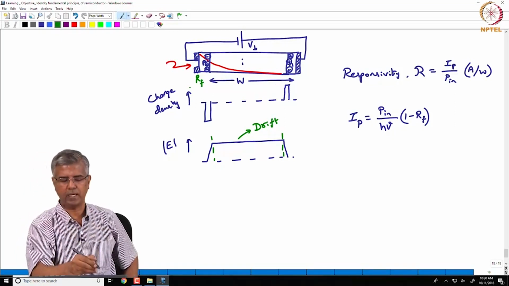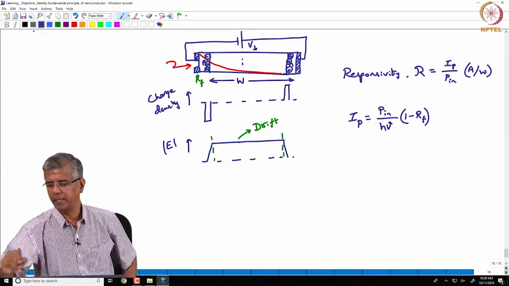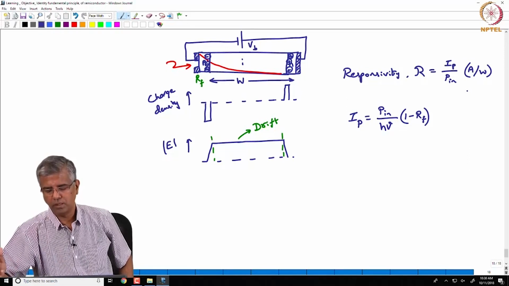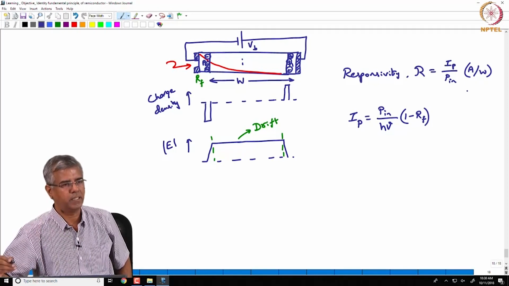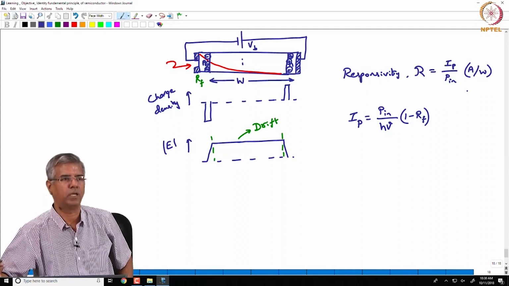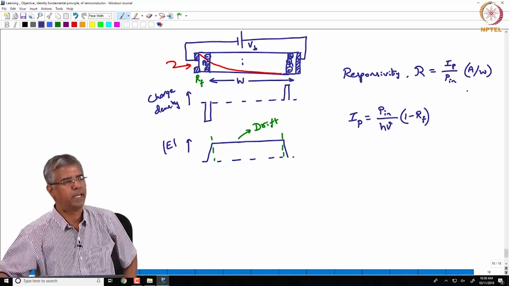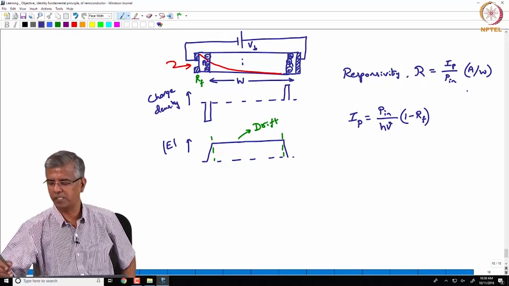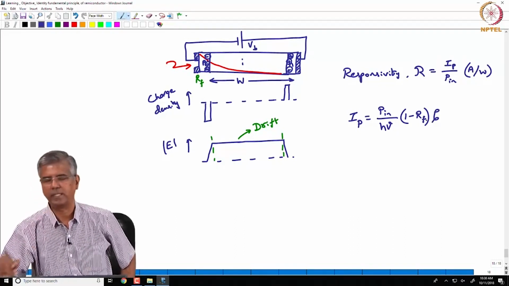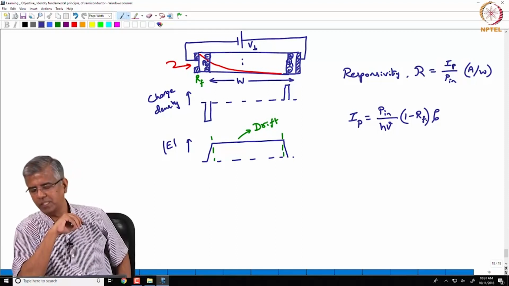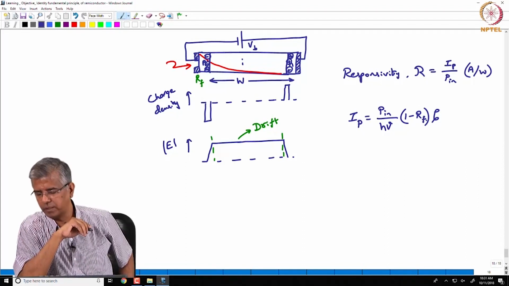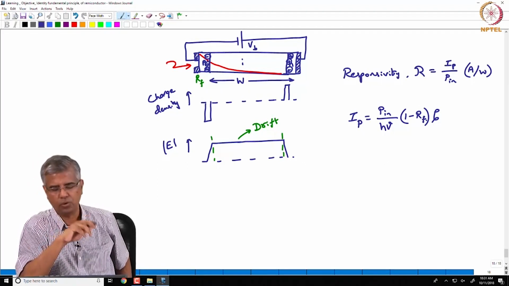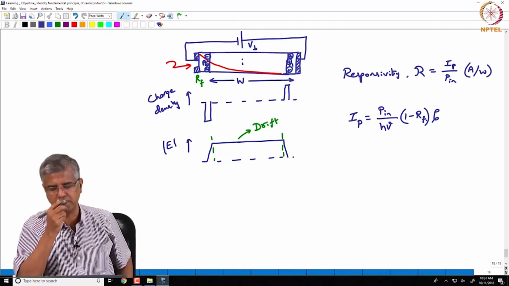Okay. So, 1 minus RF is what is coming in, and those photons are going to generate electron hole pairs, and that is actually a sort of a quantum phenomenon. So, it is not like every photon generates an electron hole pair. There is a certain efficiency with which that conversion happens. That efficiency we will denote as zeta, right. So, that is actually the photon to electron hole pair conversion efficiency.